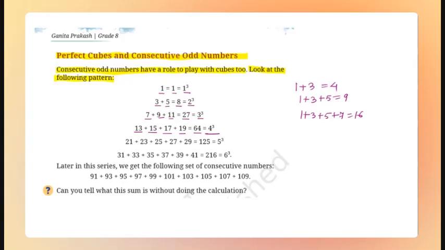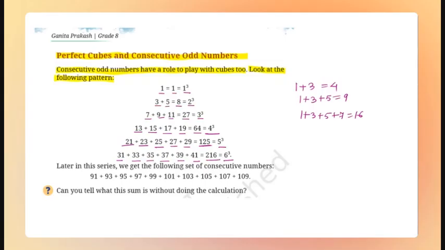Similarly, up next five numbers लो. So 21, 23, 25, 27 and 29 का sum है 125, which is a cube of 5. Next six numbers, 31, 33, 35, 37, 39, 41. That is the sum of 216 and it is a cube of 6.